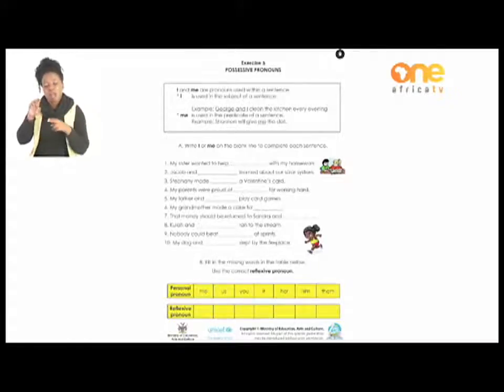I is used in the subject of a sentence. Example, George and I clean the kitchen every evening. Me, when do we use me? Me is used in the predicate of a sentence. Example, Shannon will give me the doll.